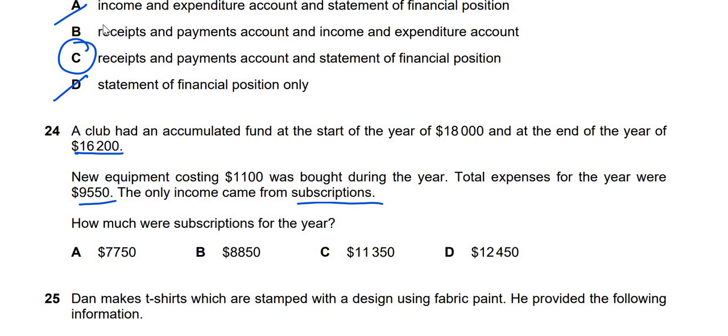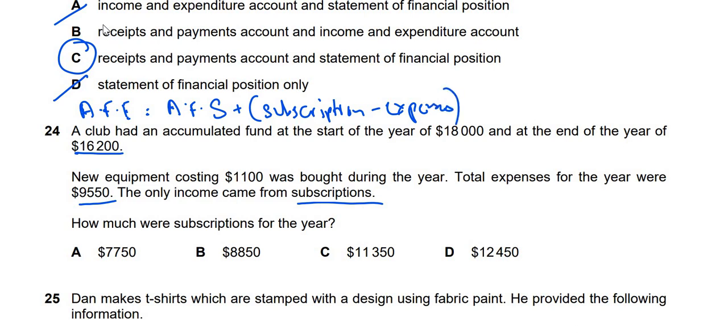So look, accumulated fund at end is equal to accumulated fund at start plus subscriptions minus expenses.